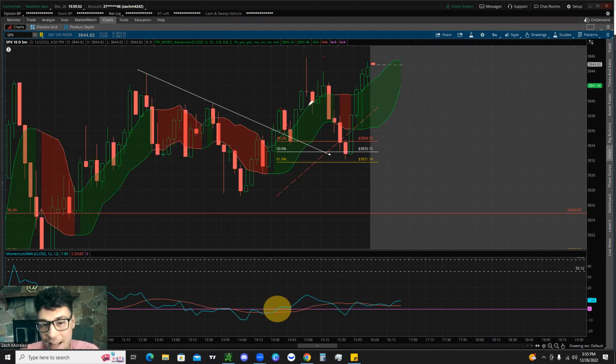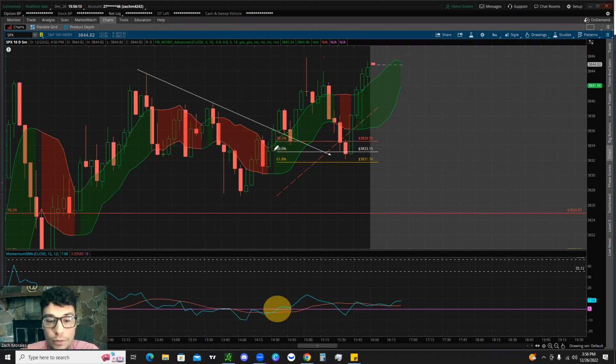And the three things that gave me confidence to hold on to this play versus sell was, one, clouds are green, right? We're trading in the green clouds, so we have bullish momentum. Two, we had the crossover, right? And then we pull back and we retest the zero line on the momentum indicator, and we get a nice bounce. And then three, we held the 38.2 retracement level.